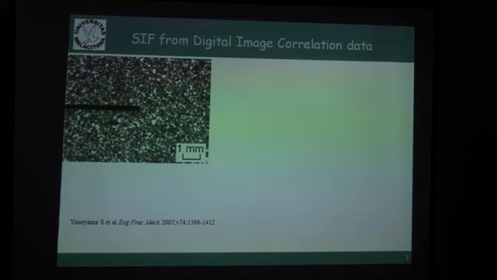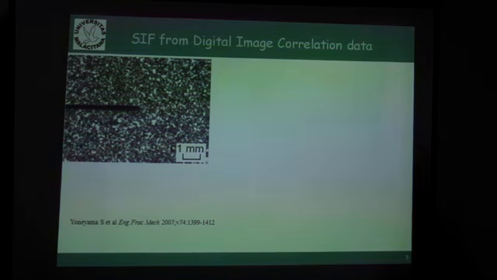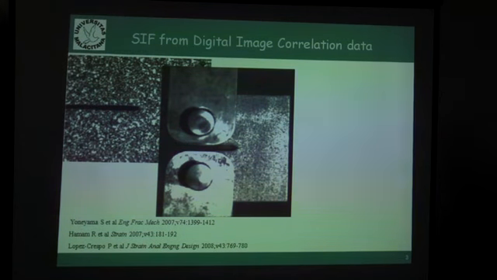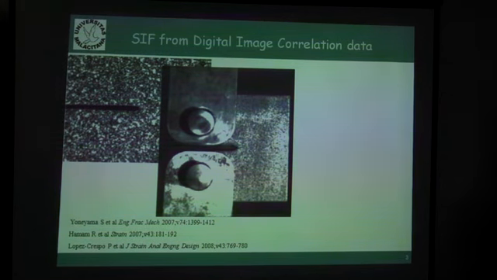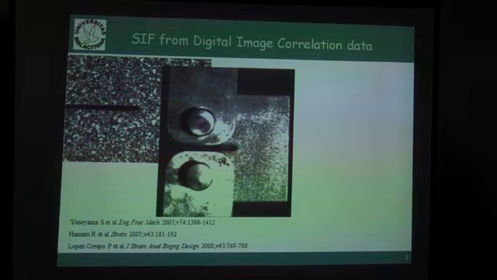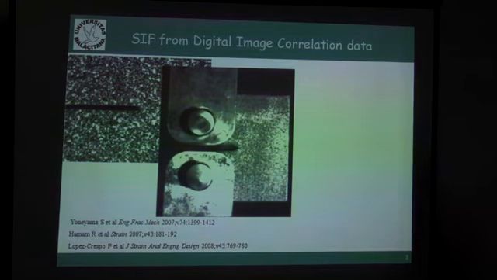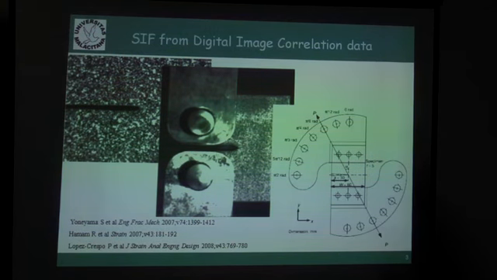It started being used in artificially generated notches, and then they were able to estimate the stress intensity factor in real fatigue cracks, first in pure mode 1, then mixed mode.